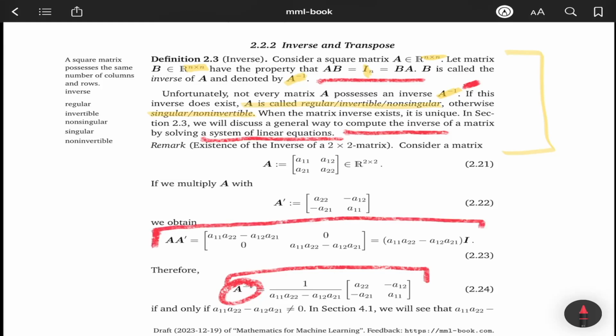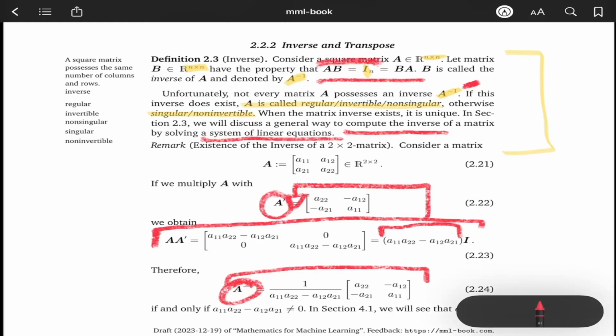You can see that AB equals the identity matrix. And here we have A. The problem here is that we have the scalar, and this scalar is missing in this matrix. That's why they put this scalar here in front. And if they put it in front, we get exactly this one.